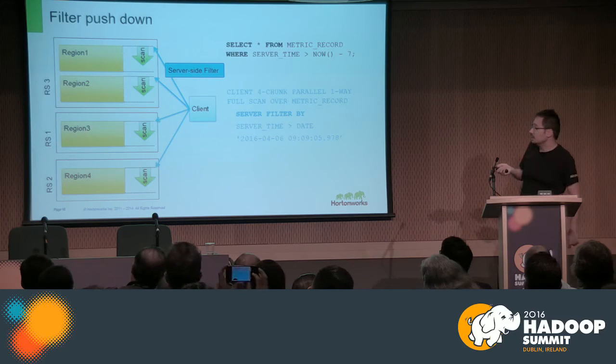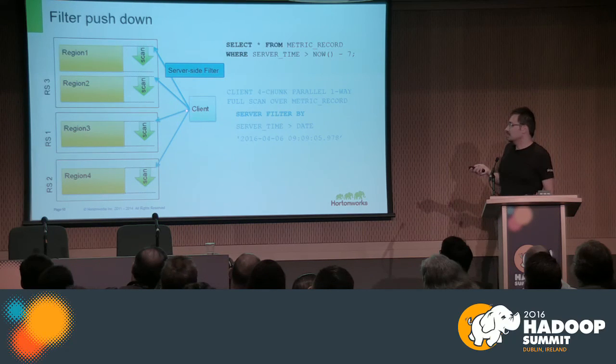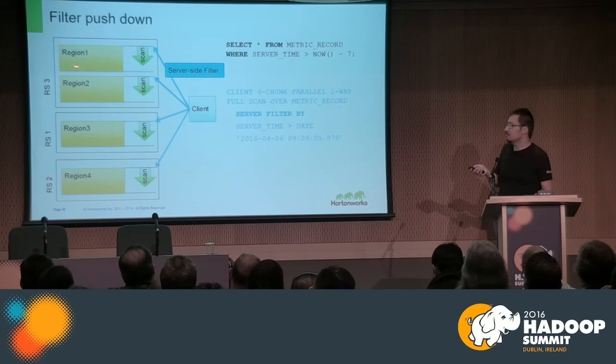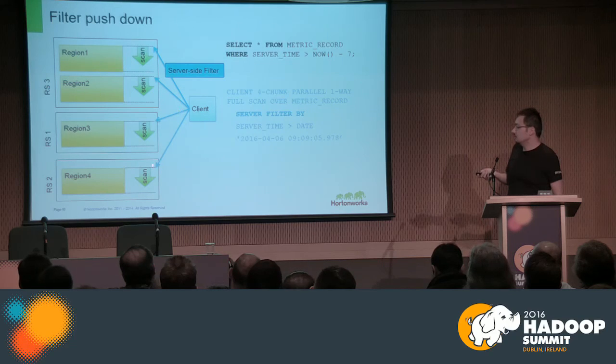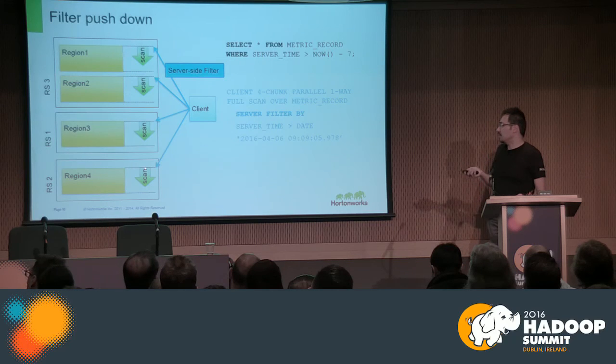What it means is that instead of the client doing all the scans in parallel, returning all the data, and then the client applying the filter, this filter will be pushed into the server side, so the server side will apply the filter in a coprocessor, and the server will only return the data that passes the filter, so that this communication is as efficient as it can be, right?